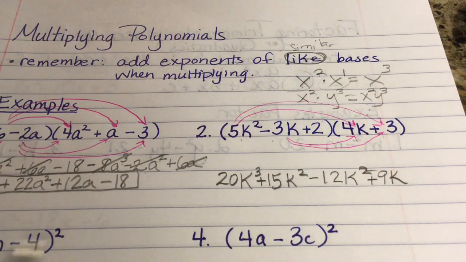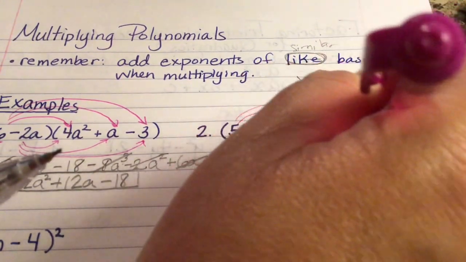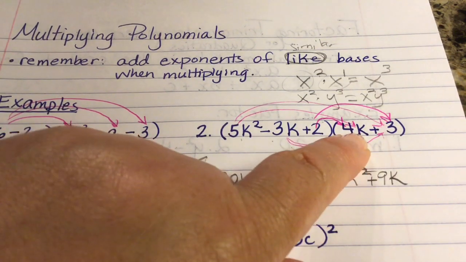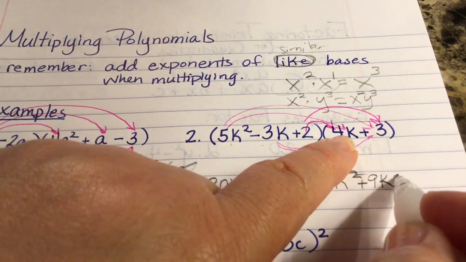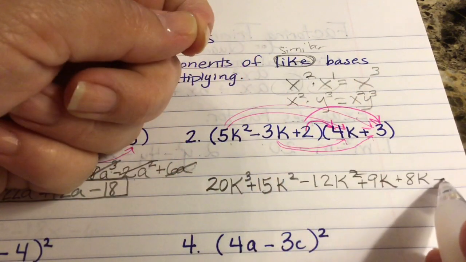And then I'm going to distribute my 2. Positive 2 times 4k, positive 2 times 3. So I'm going to do positive 2 times 4k, which would be 8k, and positive 2 times 3, which would be 6.